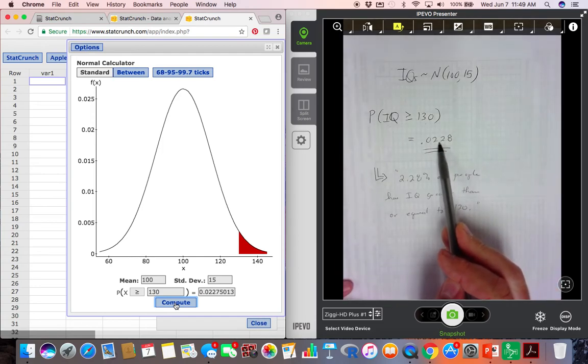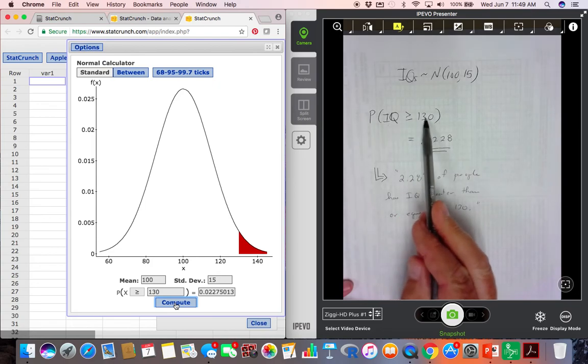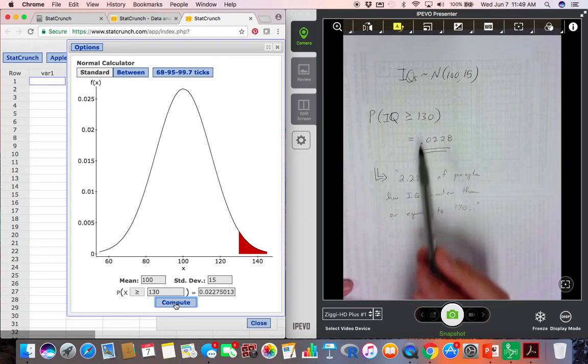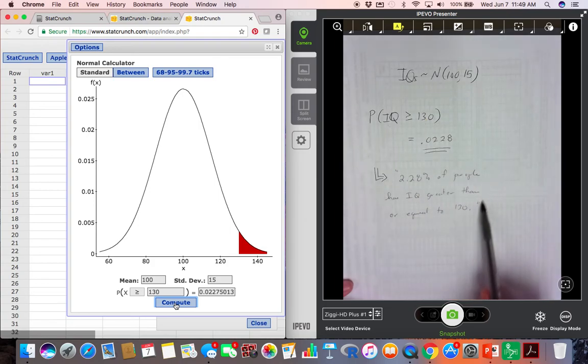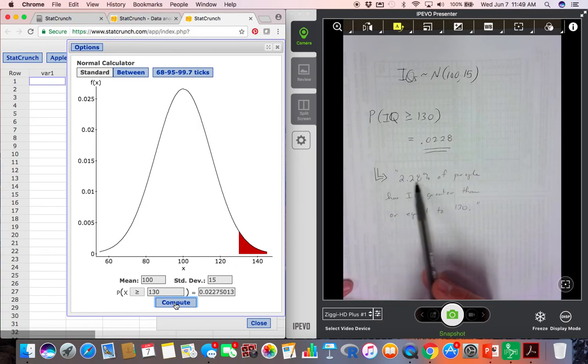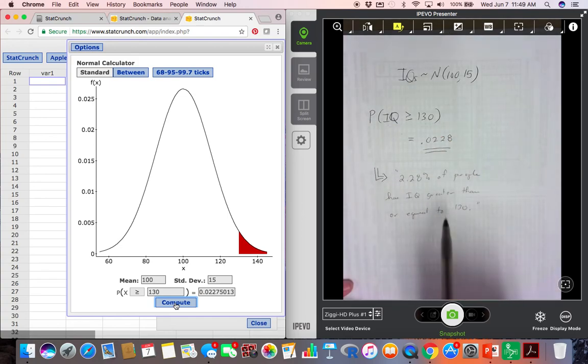The probability talks about the randomness of selecting one person and having an IQ, in this case, greater than or equal to 130. The percentage talks about the entire distribution, all the population. Of all the population, what percentage of them has an IQ greater than 130. So again, up here we're talking about one person. Down here we're describing the entire population, the entire distribution.